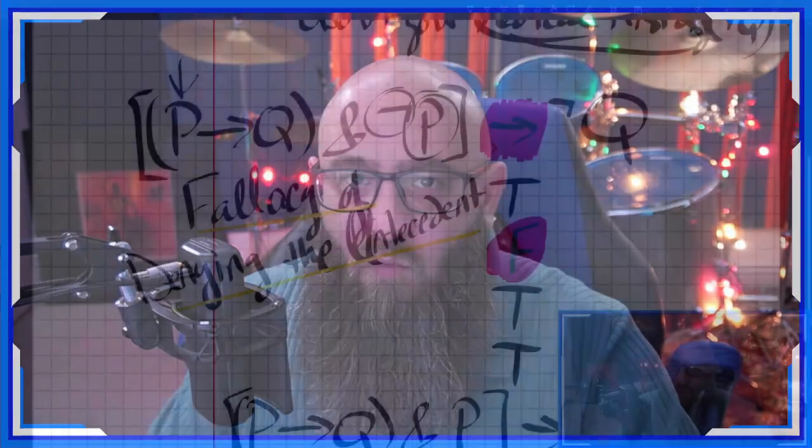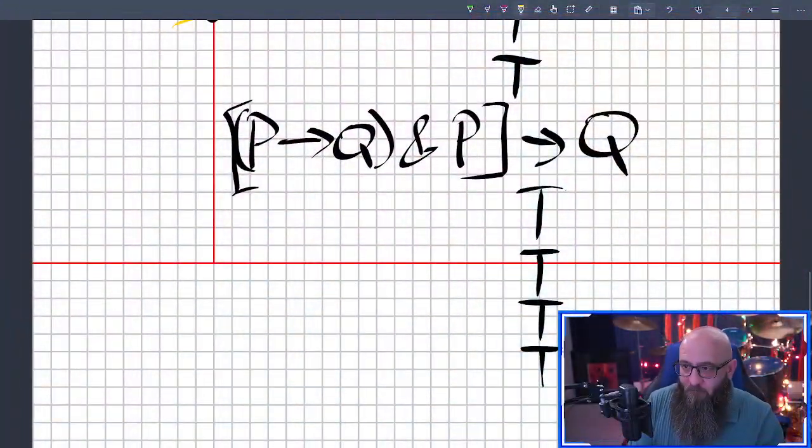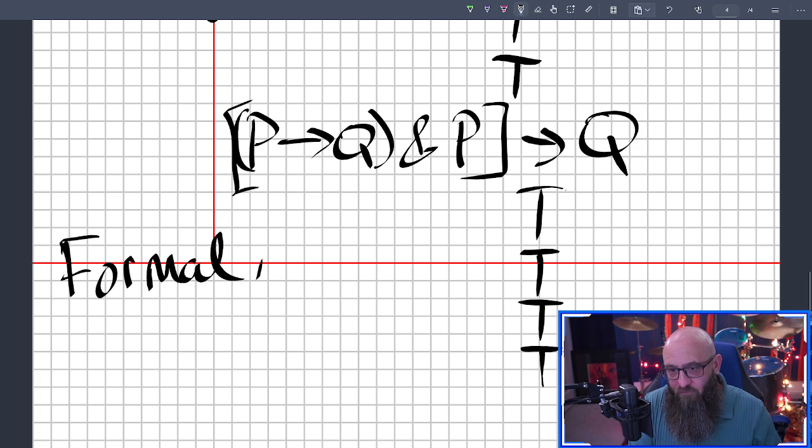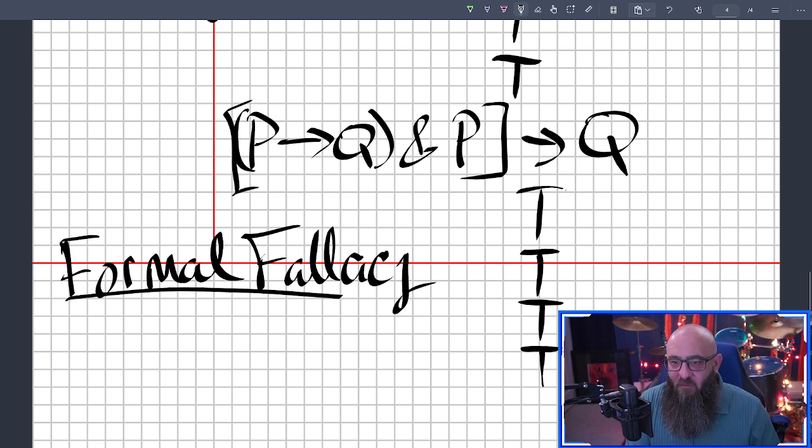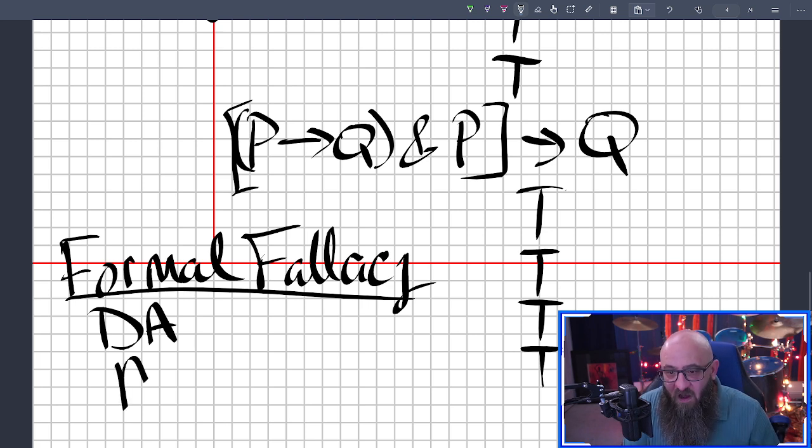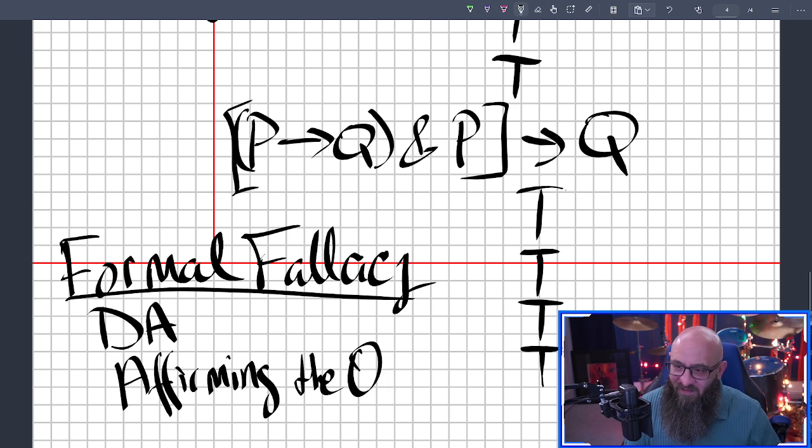And in this case, we have what's called, I guess let me go back here, what is called a formal fallacy. And that's what we were looking at just now. And formal fallacies involve denying the antecedent, affirming the consequent. Sorry, that's funny.